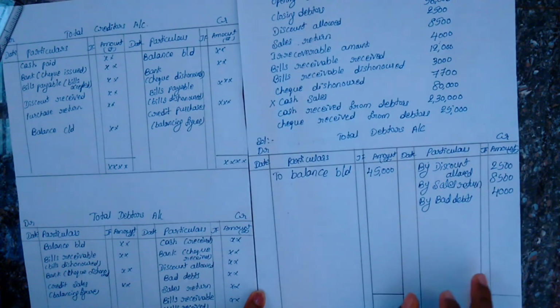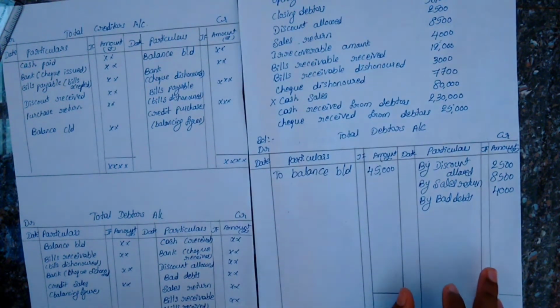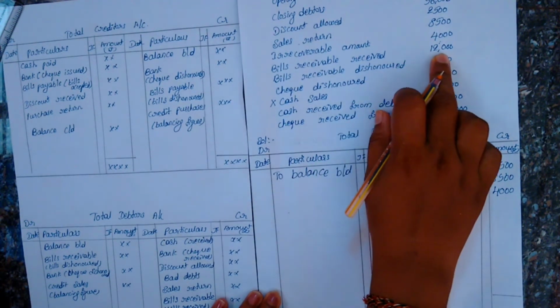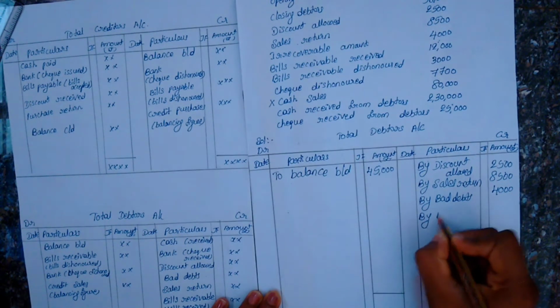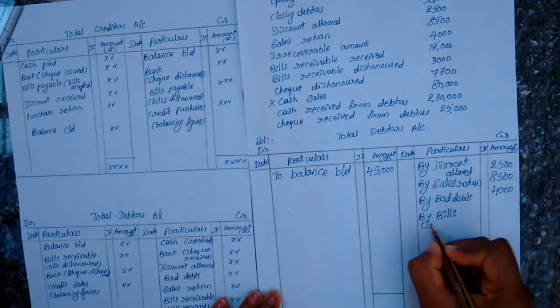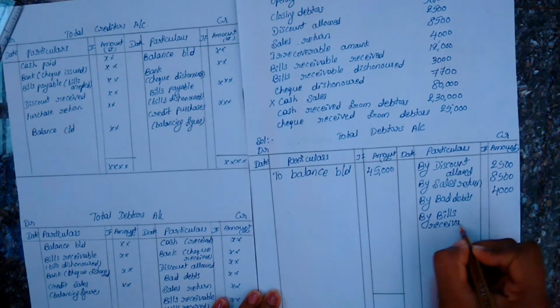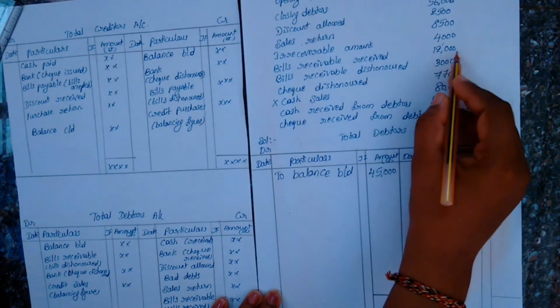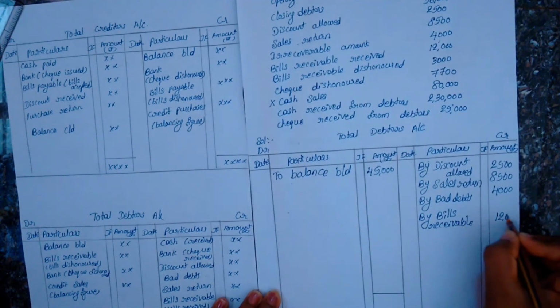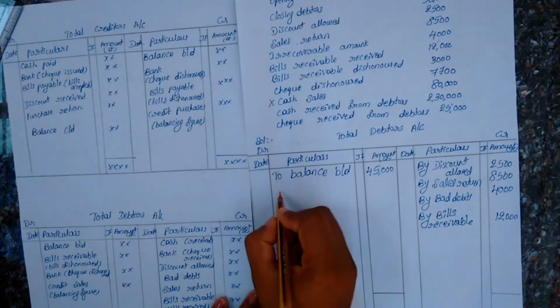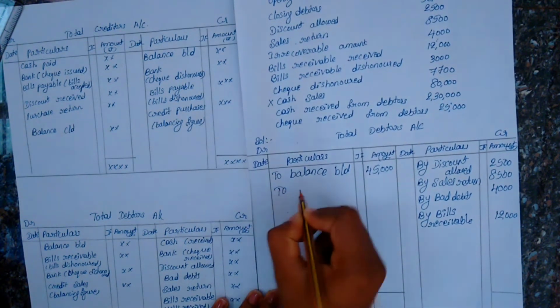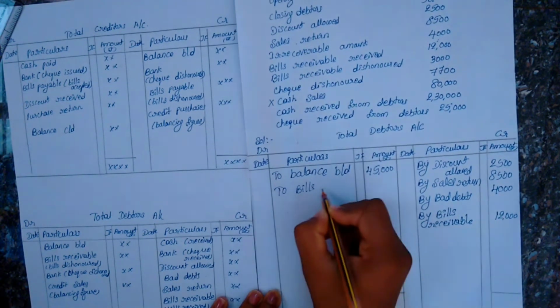Next one is bills receivable. If bills receivable are received, we have to write in the credit side by bills receivable. By bills receivable, amount 12,000. Then bills receivable dishonored. If the bills receivable are dishonored, we have to write in the debit side to bills receivable.